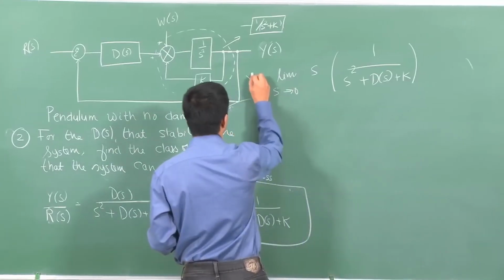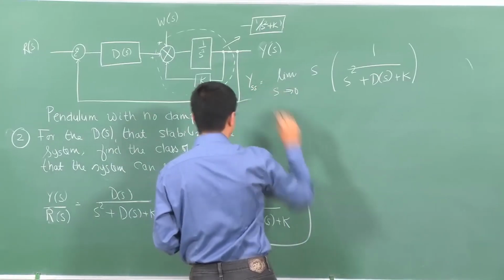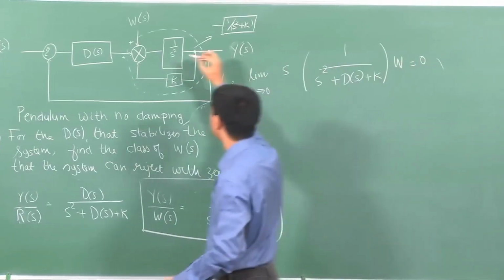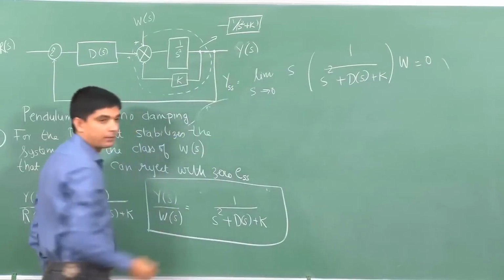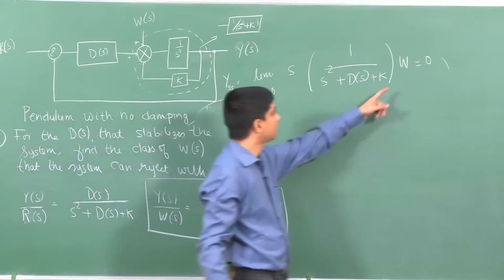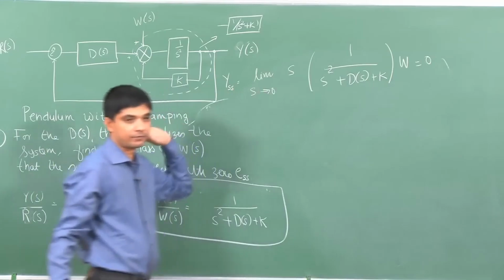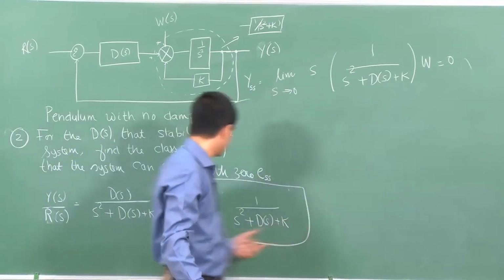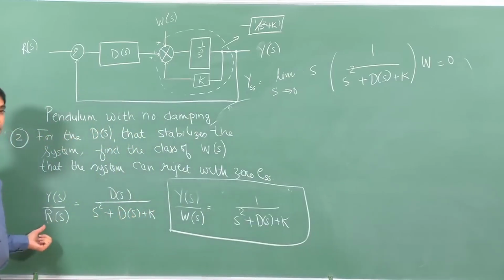So, this is my Ys, or Yss if I would call, that at the steady state there should be no effect of the disturbance on the output, which means the W should not affect this Y at steady state. Okay, and that is only because of W. I am not really considering what is happening with R at the moment.